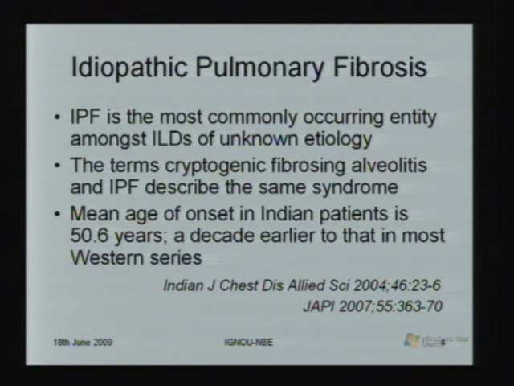Now, idiopathic pulmonary fibrosis is the most commonly occurring entity amongst the ILDs of unknown etiology. The terms cryptogenic fibrosing alveolitis and idiopathic pulmonary fibrosis describe the same syndrome. The mean age of onset of Indian patients is about 50 years, which is approximately a decade earlier than that in most Western series.